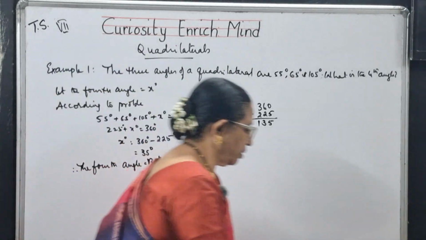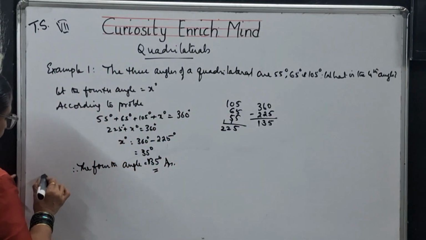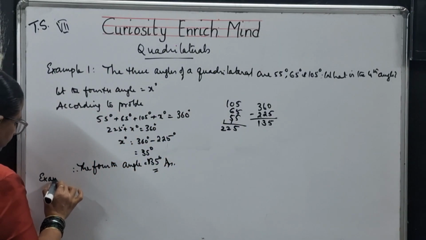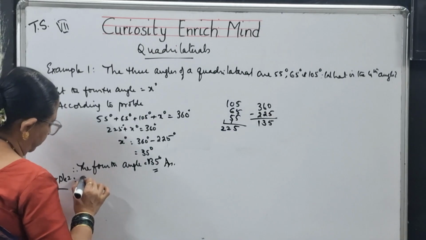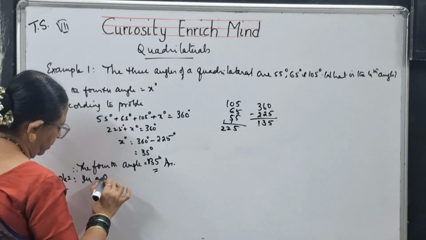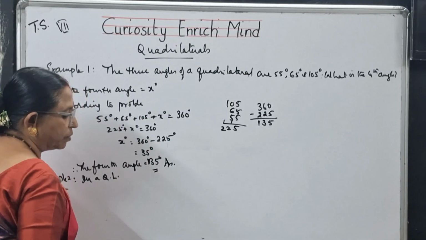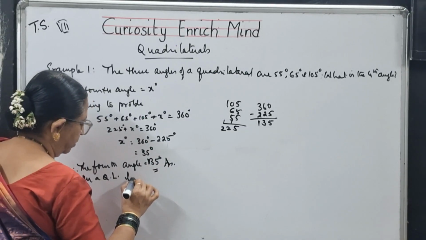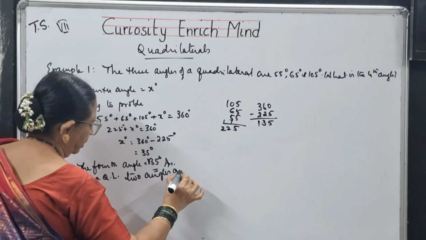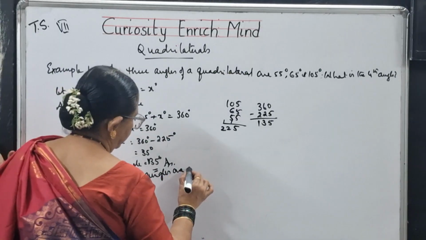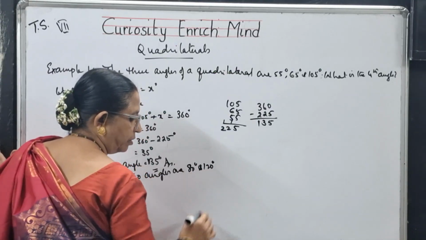Now, in example 2, in a quadrilateral, two angles are 80 degrees and 120 degrees.